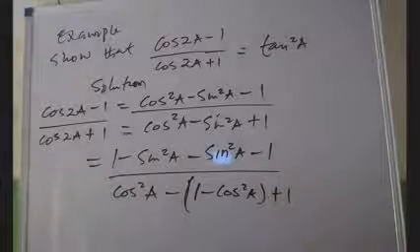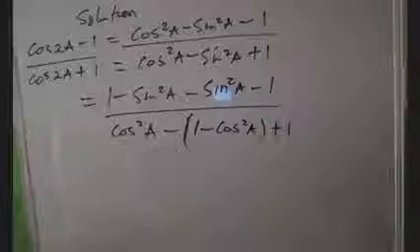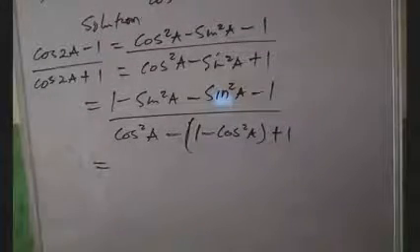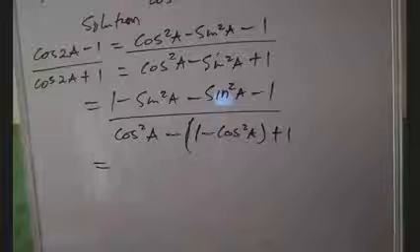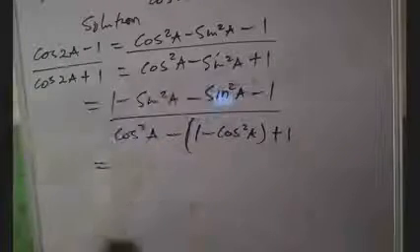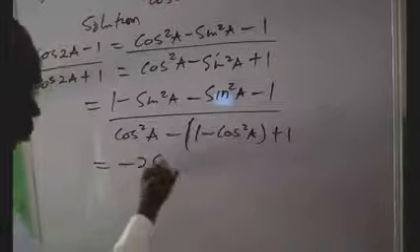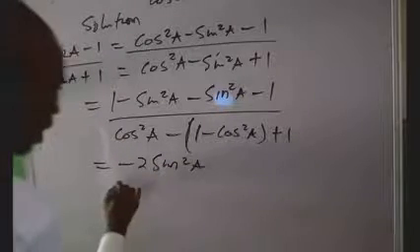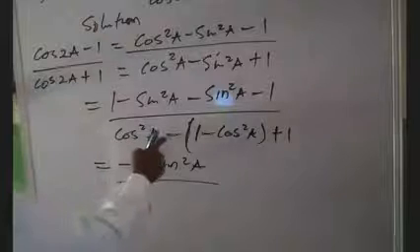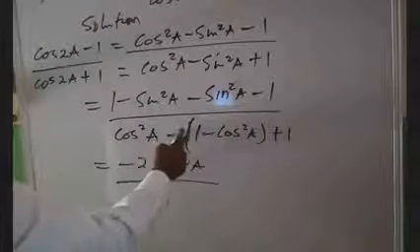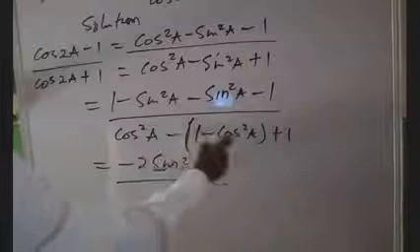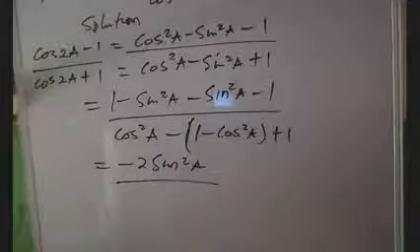So if we open the bracket, from the top, 1 minus 1 will go, so I have minus 2 sine square A over, here, that will become minus, and here is minus, here is plus.